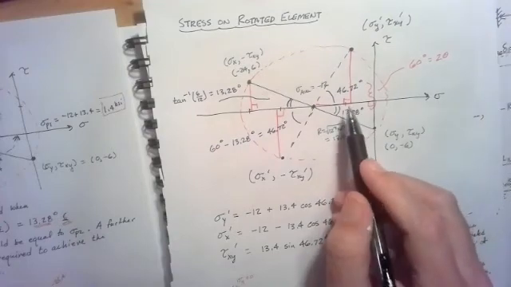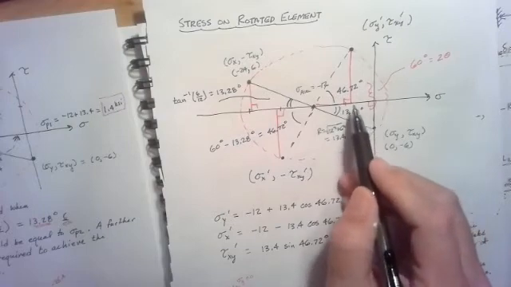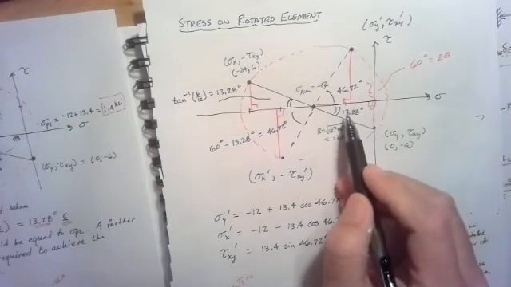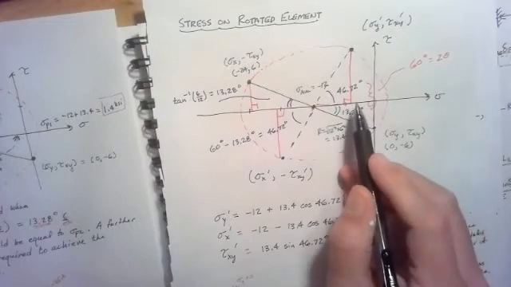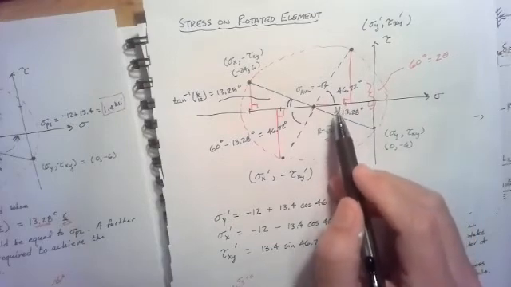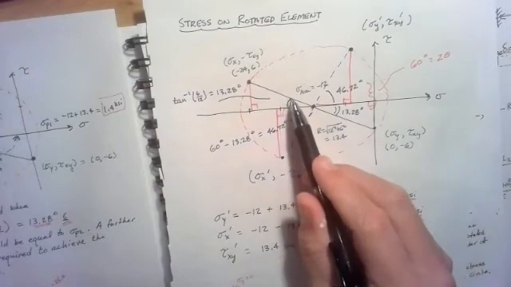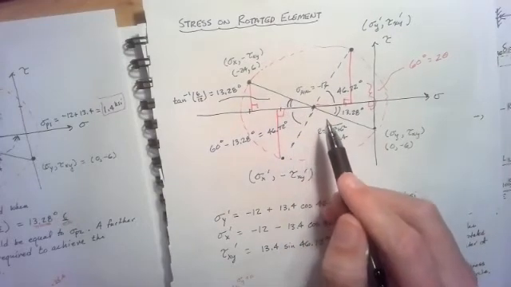And the angle that this diameter makes with the sigma axis would be arctangent of 6/12, or 13.28 degrees. So this angle is 13.28 degrees, and this angle is also 13.28 degrees.